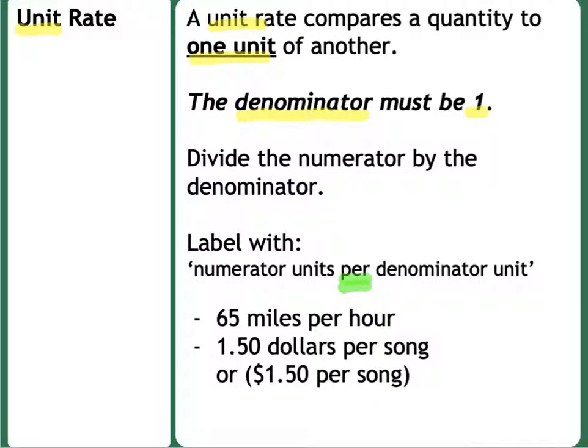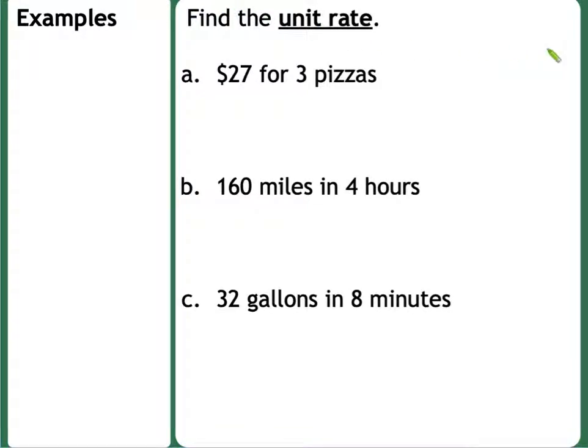So let's look at how we can come up with unit rates. So these should look familiar to you. These were on the first set of examples. We know to write this rate, we could do $27 for 3 pizzas. So the idea of a unit rate is that we want to know how much it is for 1 unit. So for 1 pizza, what is the cost for 1 pizza? So we're just doing equivalent fractions here.